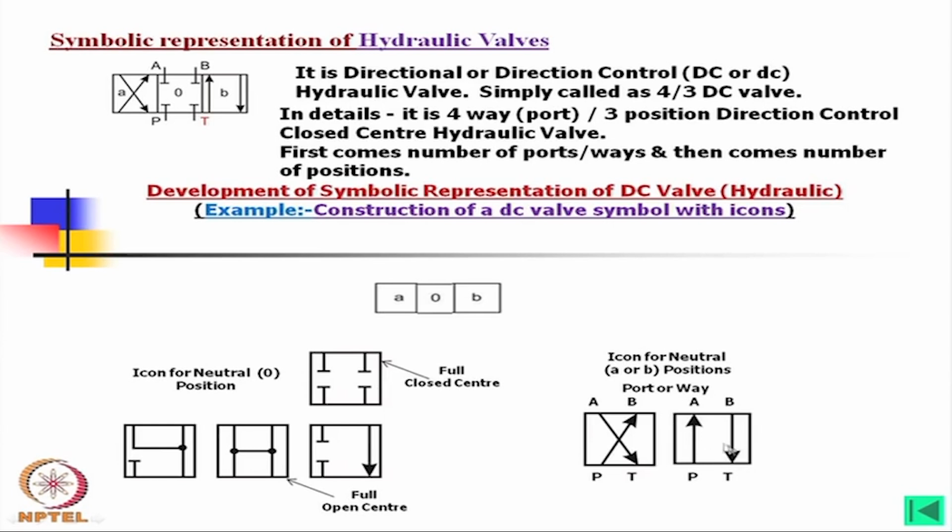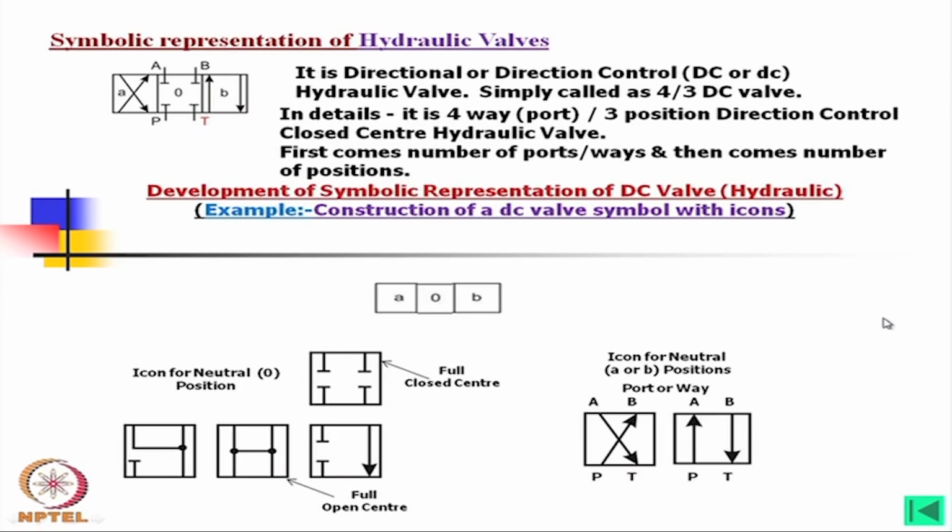Now, if we use this as B and this one as A, and say this one as O, then we should call this one a 4/3 position directional control open center valve, hydraulic valve.